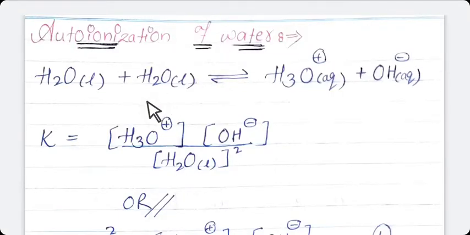When you are taking water, it dissociates into H3O plus, meaning hydronium ion, and OH minus, meaning hydroxyl ion. And when you are writing it in the dissociation formula, it gives K is equal to concentration of product upon concentration of reactant.